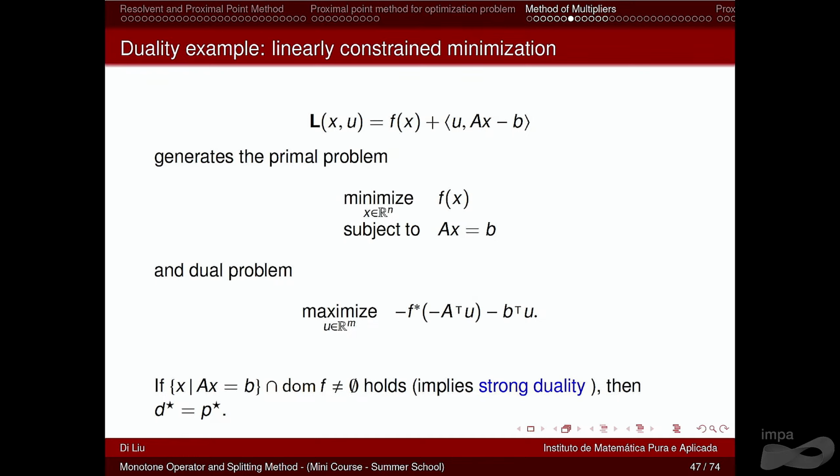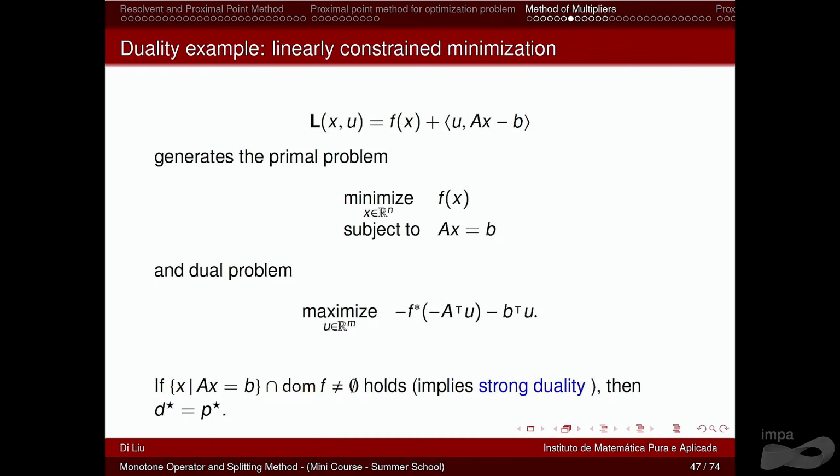Okay, so first, we go back to the Lagrangian. This is a Lagrangian. If we maximize this part in U and minimize in X, with some calculations we get this problem. This is the primal problem for us. If X is convex, it's the convex linear constraint problem.